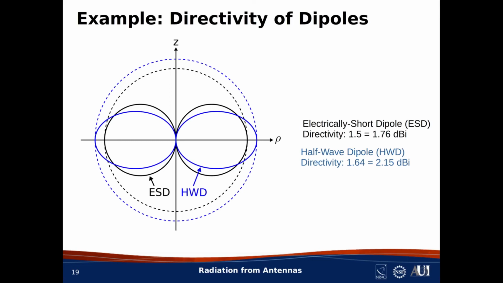Specifically, we see the maximum directivity has increased from 1.5 to 1.64, which is 2.15 dBi. Also worth noting here is that the consequence of increasing directivity is that the overall width of the useful part of the pattern is narrower. This trend is general. In fact, the higher the directivity, the narrower the range of directions over which a useful fraction of the power can be delivered.